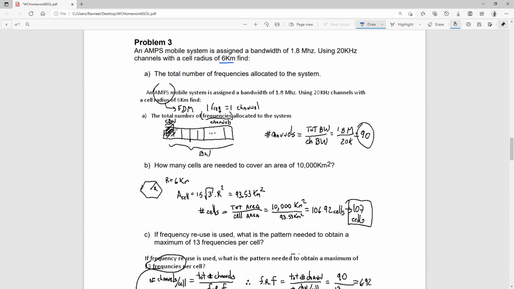So each particular subchannel will be covering a particular amount of bandwidth. Over here, that is what we found: a total of 90 channels were required in this case.